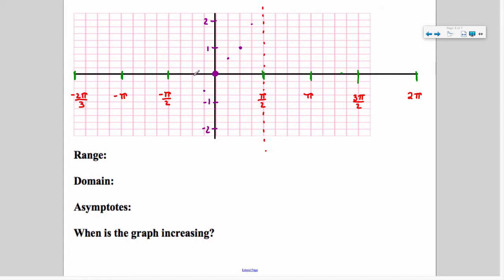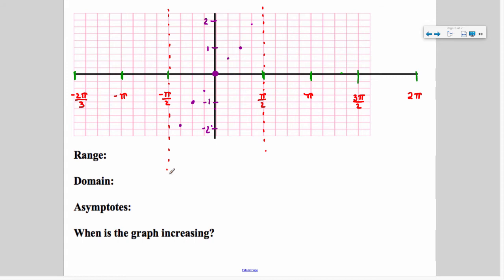Then at negative pi over 4, it's going to be negative 1. At the third special angle, pi over 3, 60 degrees, you get negative 1.7, which is very close to 2, right about here. Now we have another asymptote, which we cannot touch. We know that happens every 180 degrees, or every pi, whether it's to the right or to the left.